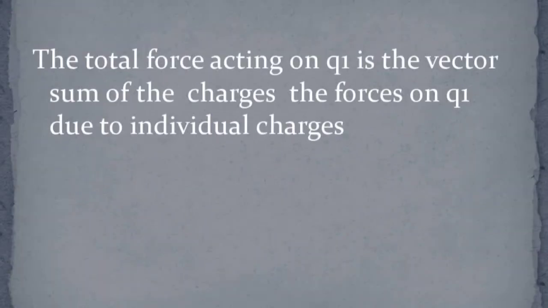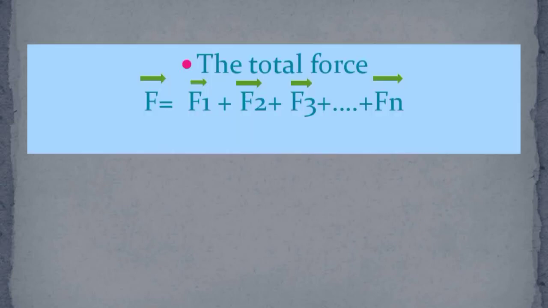The total force acting on Q1 is the vector sum of the forces on Q1 due to individual charges. That is, the total force F is equal to F1 plus F2 plus F3 plus etc. plus Fn.